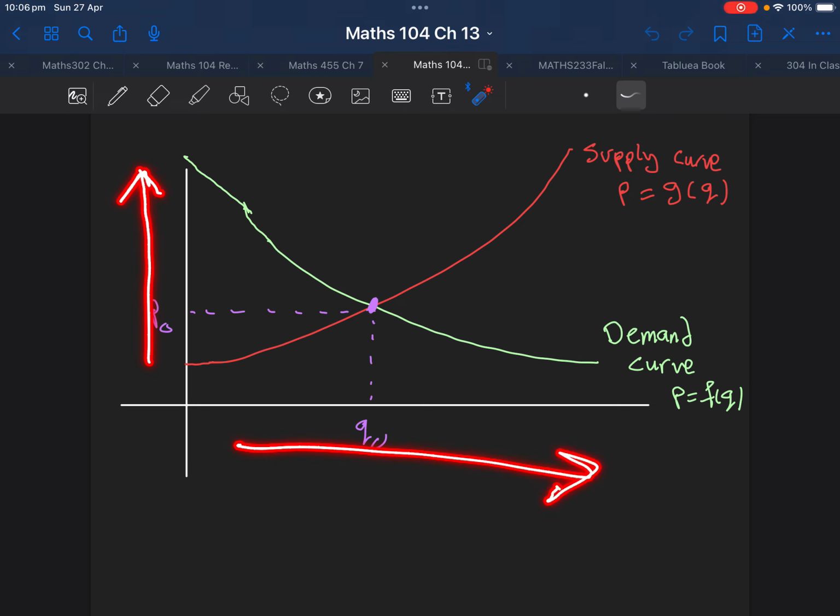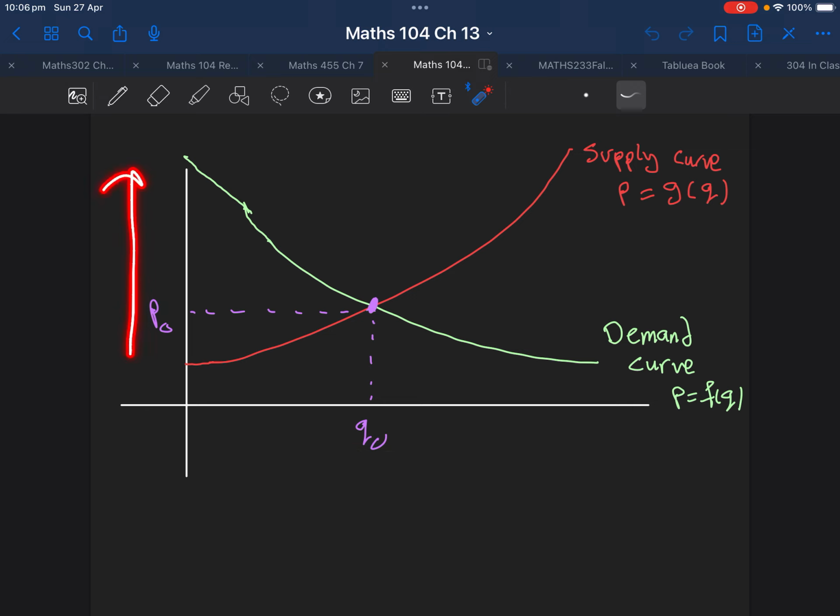The reason is obvious: they will get more profit. So if the price goes up, they are willing to supply the market with more product. Contrary to that, if the price goes a little bit down, they are willing to sell only a few items because they want to maximize their profit.